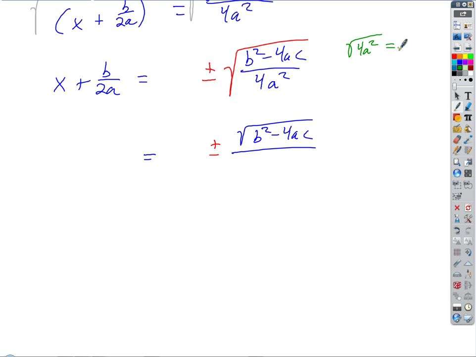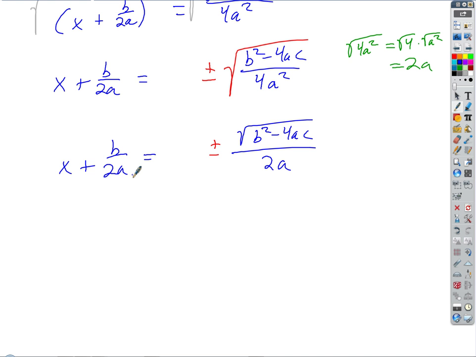So the square root of 4a squared, we can split that into the square root of 4 times the square root of a squared, which is just 2a. How about that, right? And so we get our 2a. And what's on this side? Remember, this was just the same thing, x plus b over 2a. So last step?